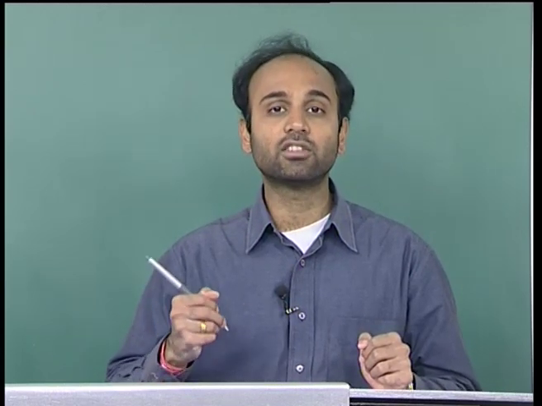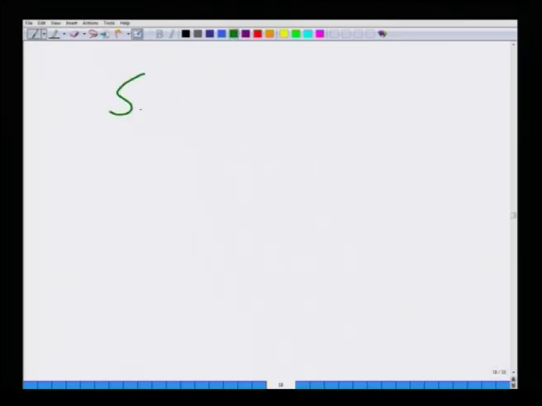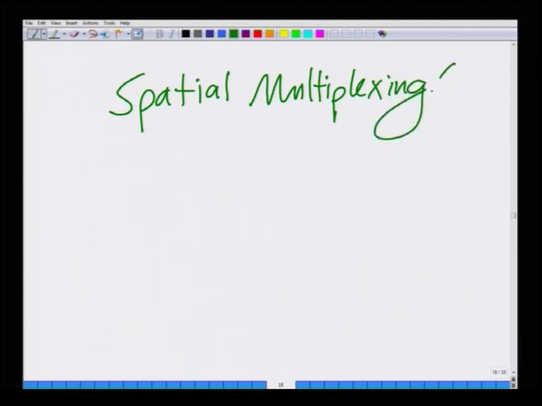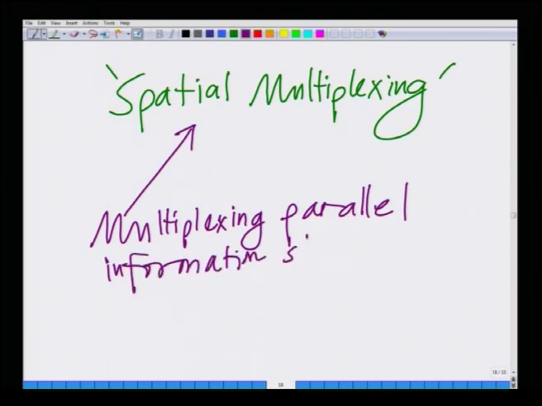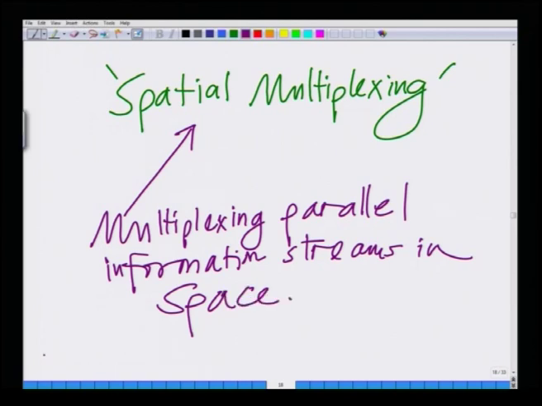Hence, this is known in the context of MIMO as spatial multiplexing, which literally means multiplexing parallel information streams in space.